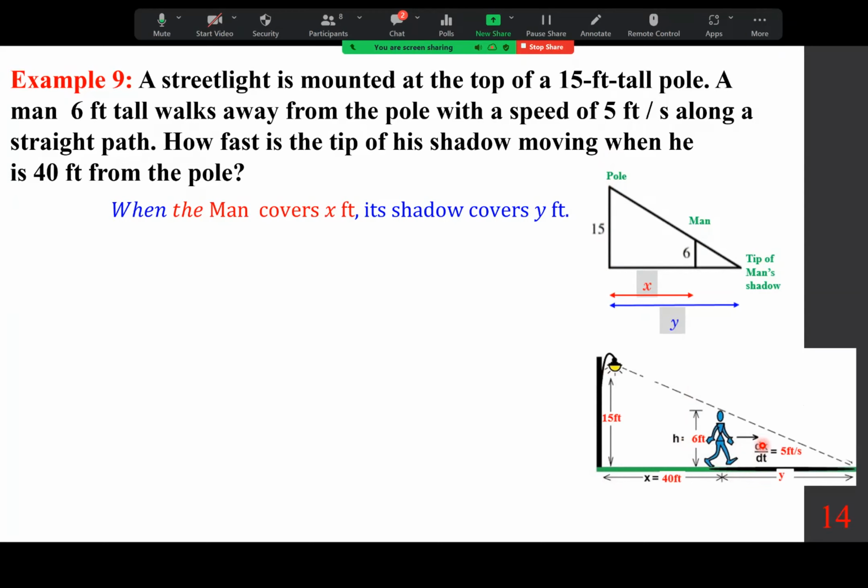And the man is moving at dx dt, or 5 feet per second. How fast is the tip of his shadow moving when he is 40 feet from the pole? Now, it's important to see what is given. dx dt is 5 feet per second, and we want dy dt when x is 40 feet.